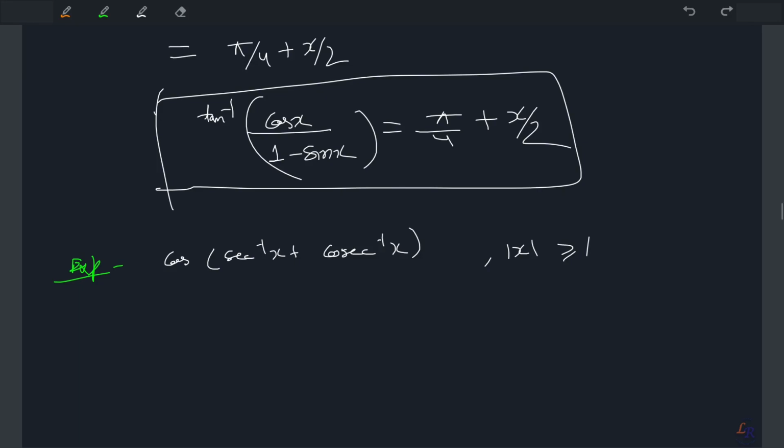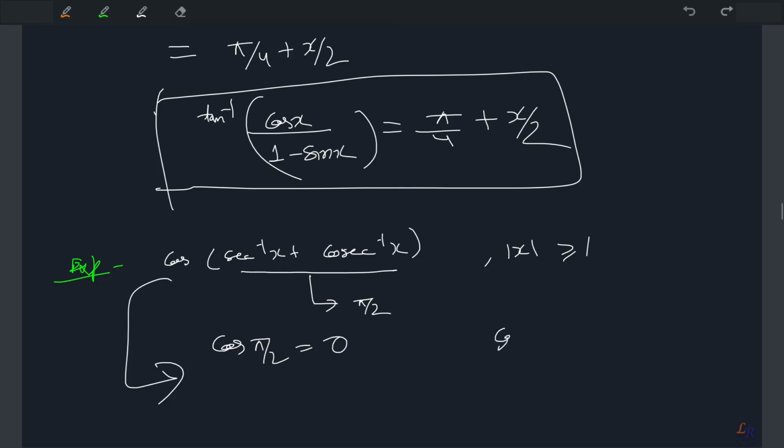Again from the properties of inverse trigonometric functions, this is equal to pi by 2. So here it will become cos pi by 2, and that is equal to 0. So this is a very nice short answer type question, where we utilize the property that sec inverse x plus cosec inverse x is equal to pi by 2.